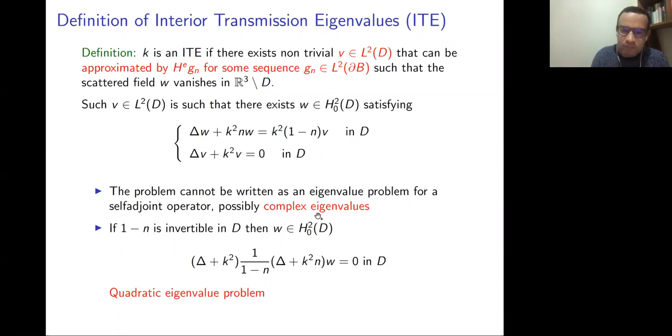So this will cause us some trouble a little later. And in fact, you can see that this is even a quadratic eigenvalue problem. For those who do not know about this: if this is invertible, you just apply this operator and you obtain this quadratic problem.